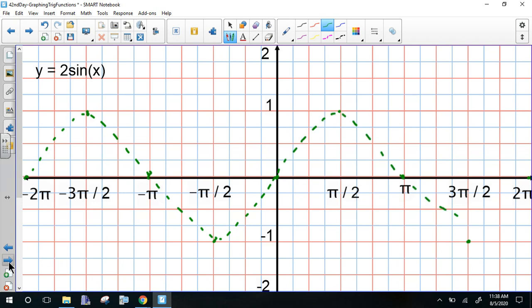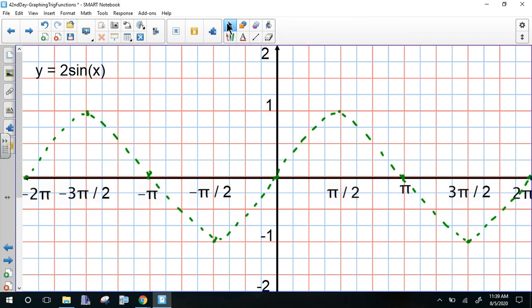Whoops, got off line there. So that's y equals sine of x. But we've got 2 sine x.